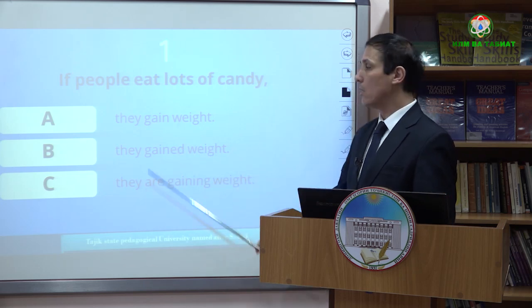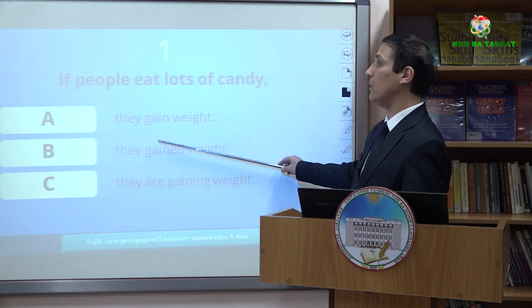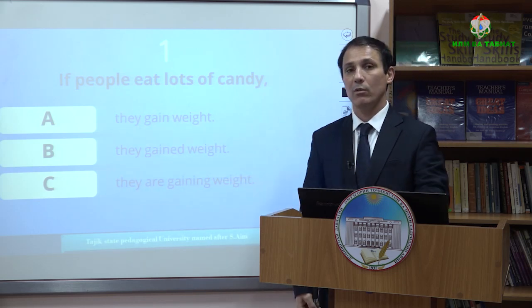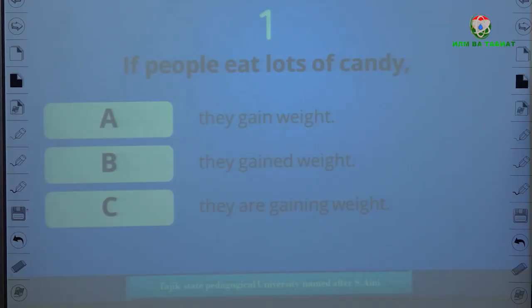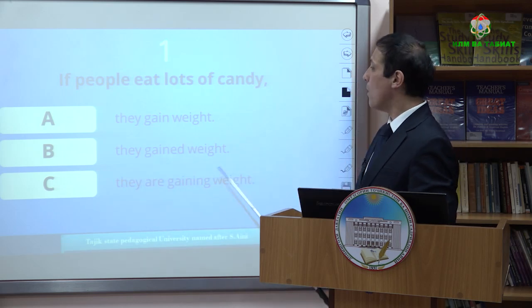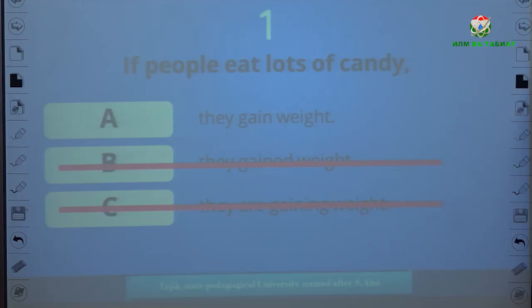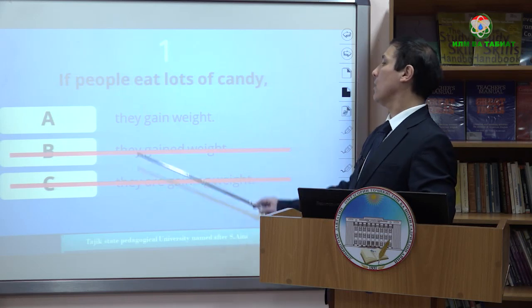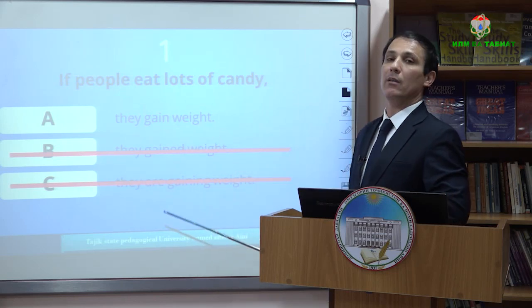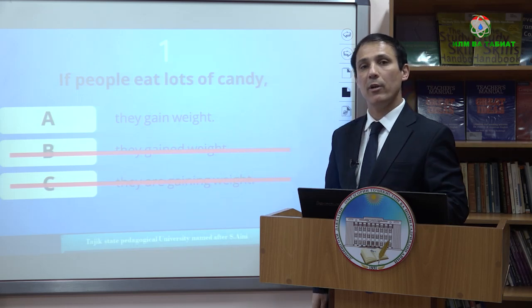But don't mix the grammar changing, the grammar explains it. You have to use the rule to see which sentence is very clear. We have to choose the first sentence: if people eat lots of candy, they gain weight. This is, for example, the result and the clear information.